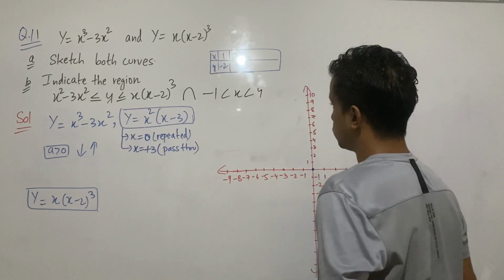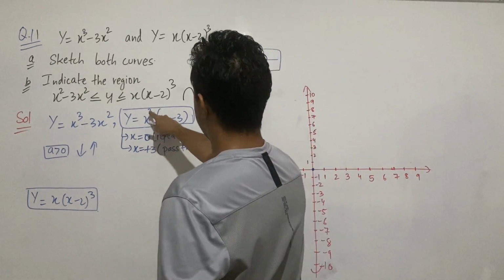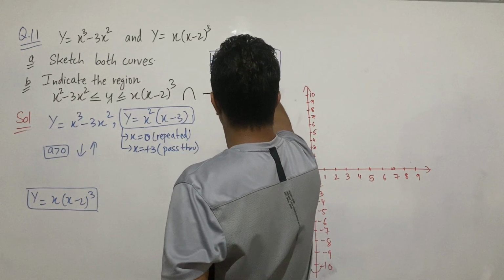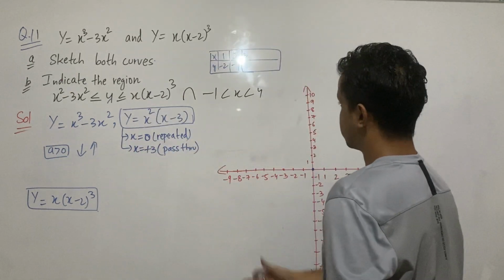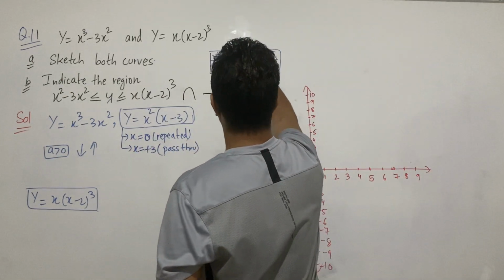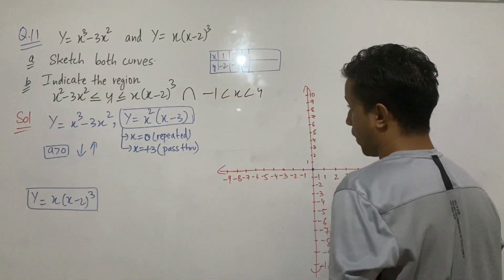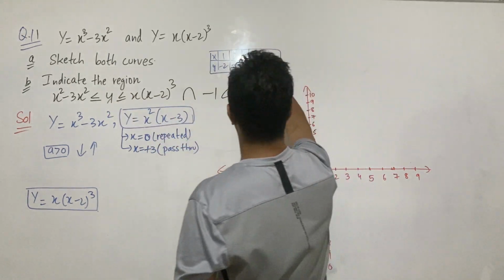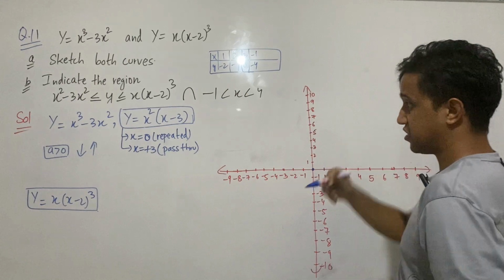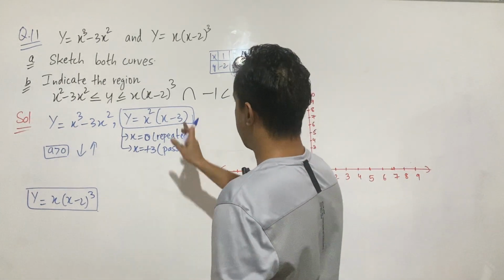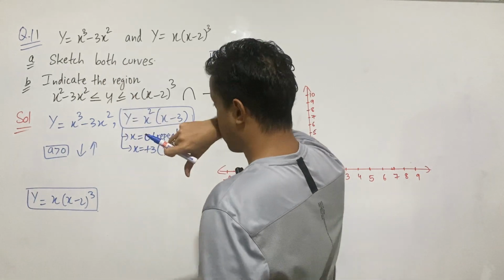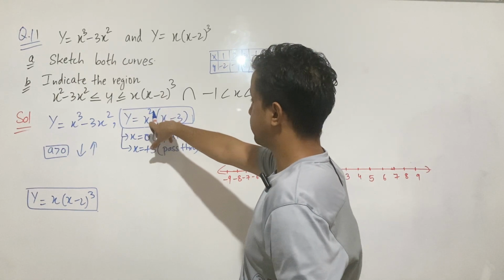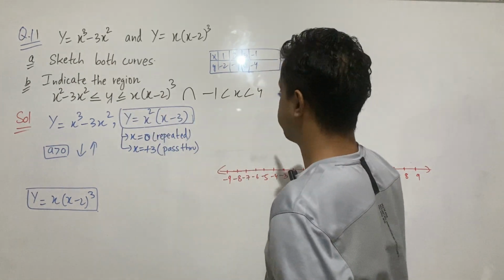For x equals 2, y is going to be minus 4, since 4 times (2 minus 3) is minus 4. For x equals 3, y is 0. If you take minus 1, then y is going to be minus 4. And if you take minus 2, it's 4 times (minus 2 minus 3), which is minus 20.